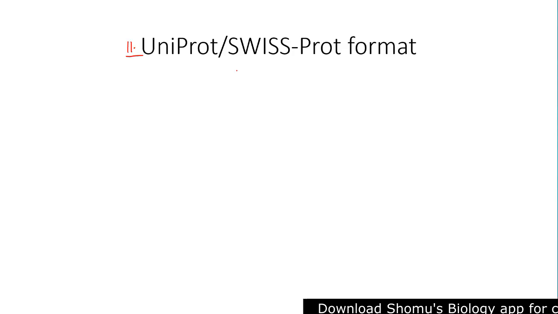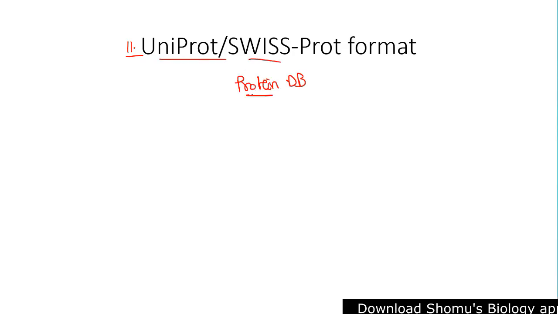And what else we have? Uniprot, Swiss-Prot format. So basically Uniprot, Swiss-Prot, these are protein databases, isn't it? These are protein databases. So there are annotated protein databases, and their entry is composed of lines.